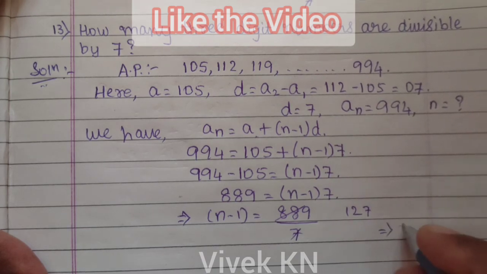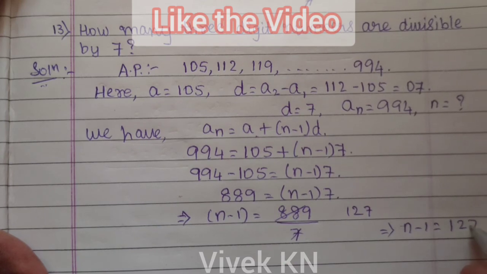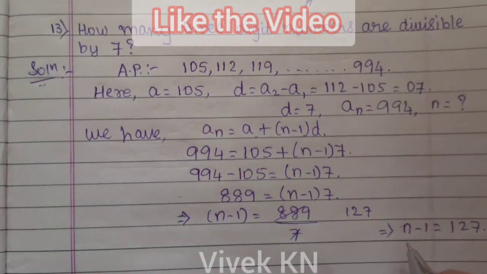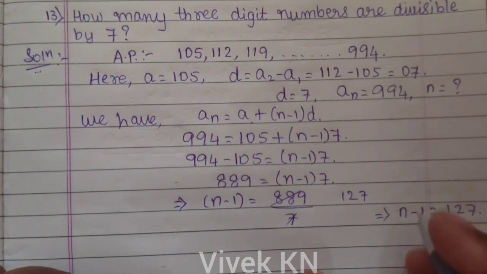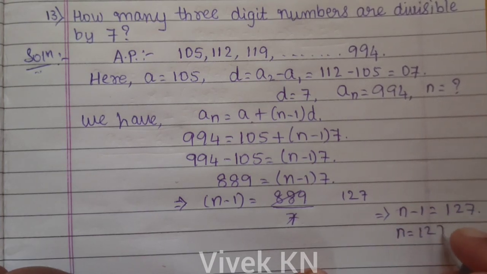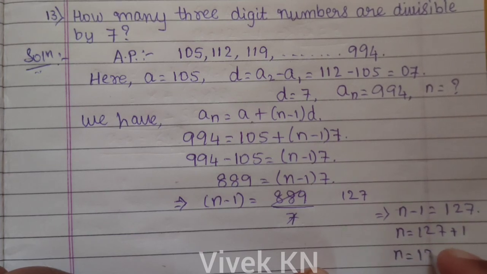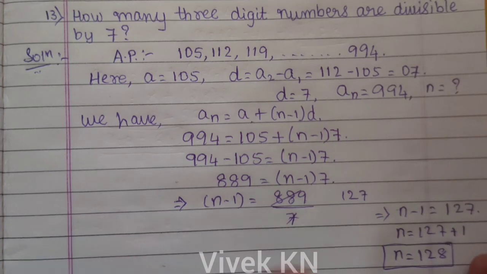That is, n minus 1 is equal to 127. Shifting this minus 1 to the right side, we get plus 1, that is 127 plus 1, so n is equal to 128. This is the answer.